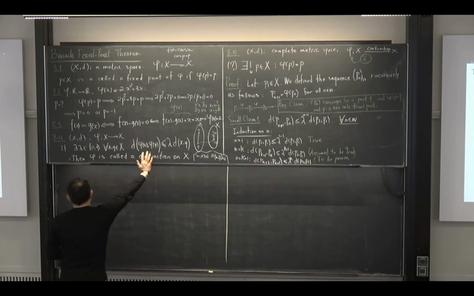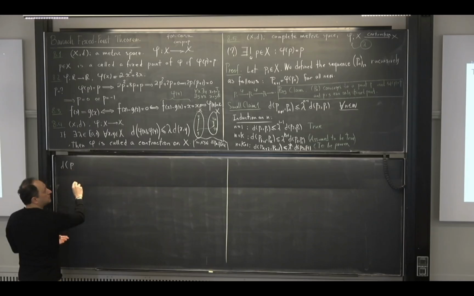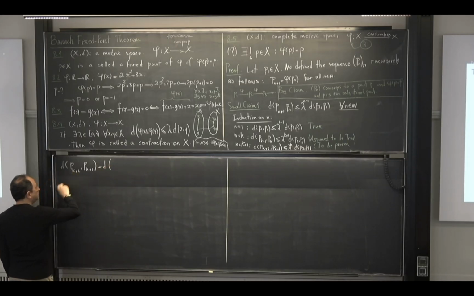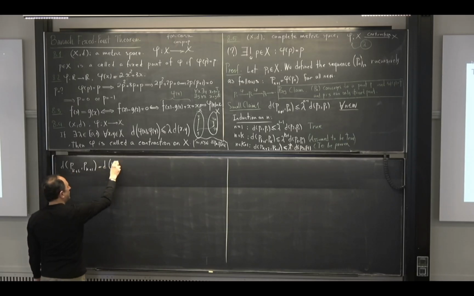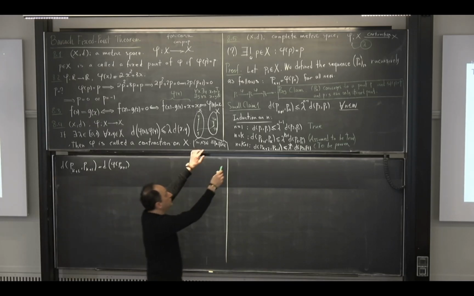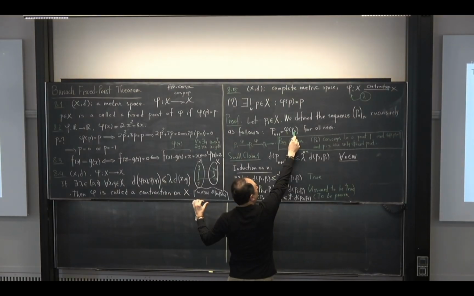I start with this d(p_{k+2}, p_{k+1}). Can you write something in terms of phi for me here? Instead of p_{k+2}, do you agree that I can write phi of p_{k+1}? Because you see here, phi of p_n is equal to the next term.